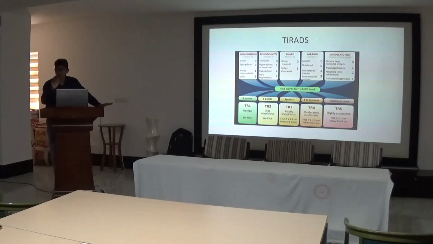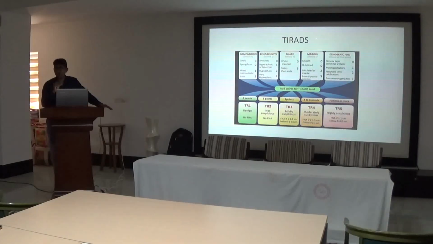What they look at on the sonography is the composition of the nodule, the echogenicity, the shape, the margin and the echogenic foci. So they have a point-based scoring system, and then they add all the points, and if it is 0 points it is TIRADS 1, and if it is 7 or more points it is TIRADS 5.